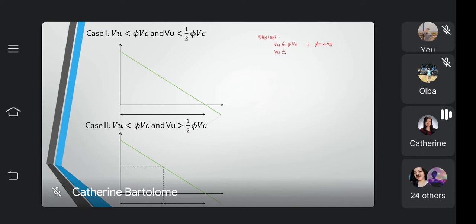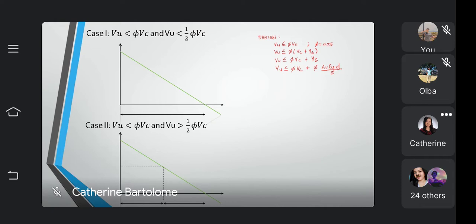Vu is less than or equal to phi Vn, and we all know that Vn is composed of the shear strength coming from the concrete and the shear strength coming from the shear reinforcement. If we substitute this, phi Vc plus phi Vs. And we already derived the formula for Vs a while ago, that it is Av Fy d over s.